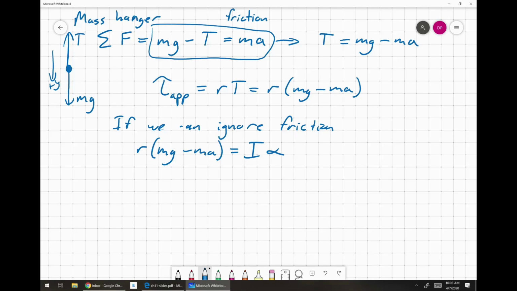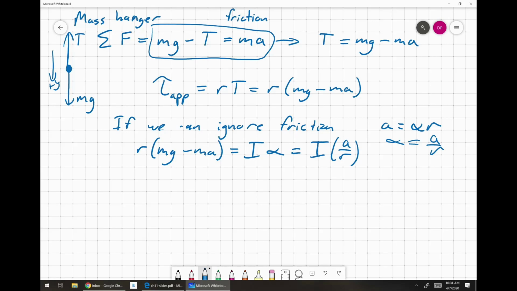But if you recall, the tangential acceleration is equal to alpha times r. In other words, we can rewrite that as alpha is equal to the linear acceleration a over r. And so then we can plug in a over r here.